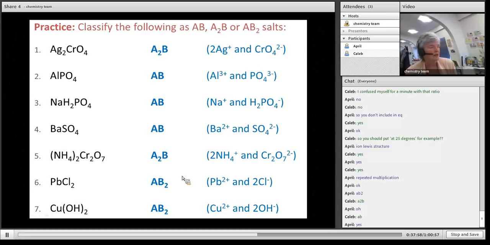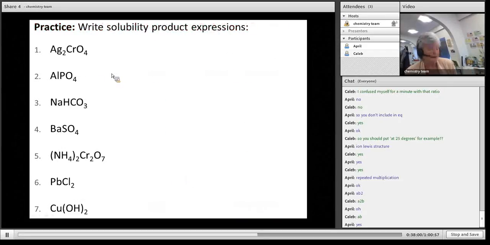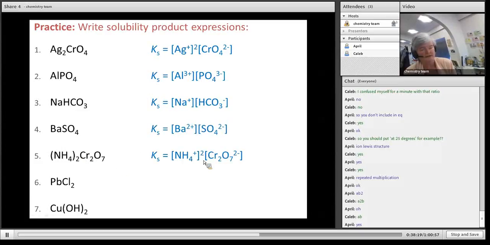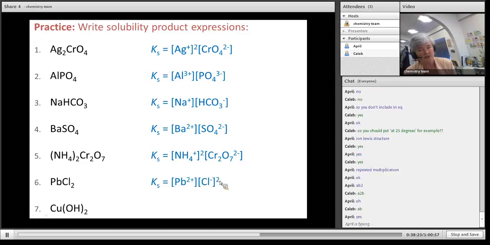Okay, so here, very quickly writing it up. Because I've got 2 of those, I have to raise it to the power of 2. Here it's a 1 to 1, so I don't raise it to anything. Again, it was a 1 to 1. Again, a 1 to 1. Here I've got 2 of them, so I raise it to the power of 2. Here I've got 2 chlorides, so I raise that to the power of 2.